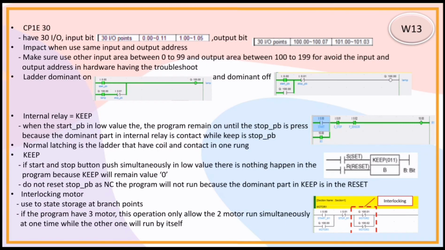Interlocking is used to state storage at branch points. So for the interlocking motor program that has 3 motors, this operation will only allow 2 motors to run simultaneously at one time, while the other one will run by itself.